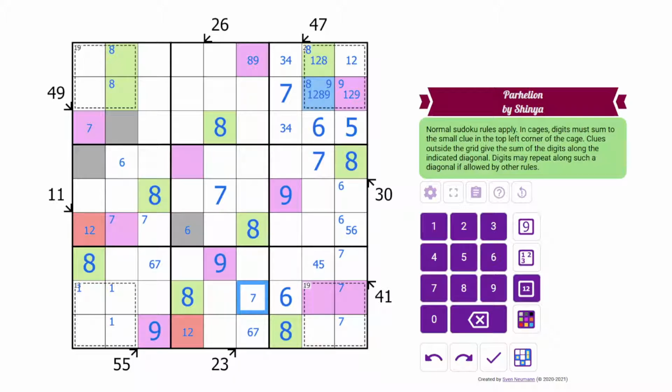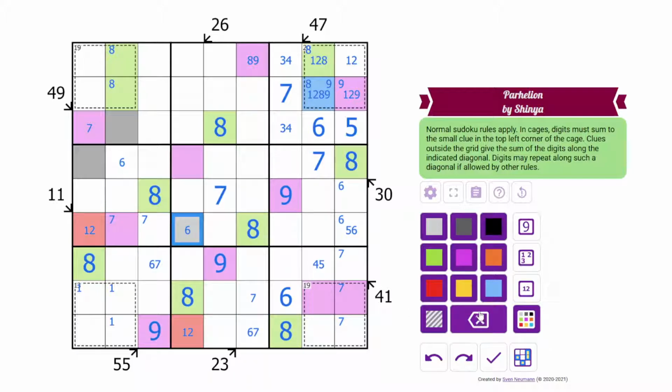So this adds to 8 plus 9 plus 8 plus 7 plus 6 plus 6 plus 7, which is 51. So we only have 2 degrees of freedom here. Can we knock them down any more? If that's a 7, then that's a 6. Oh, sorry, no, this is a theoretical 9 here, rather.